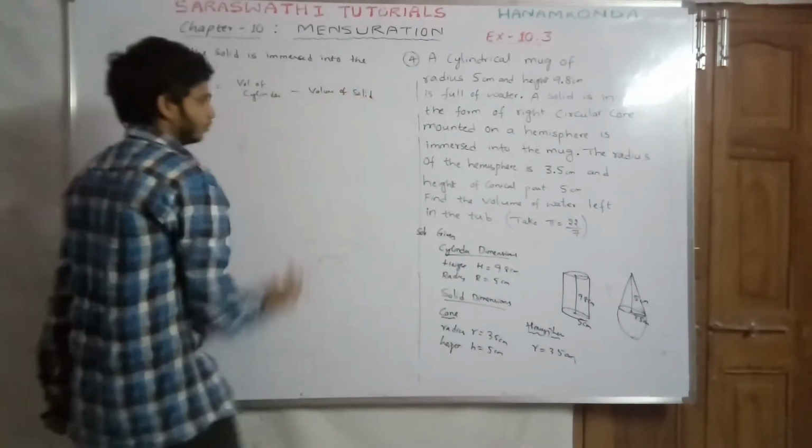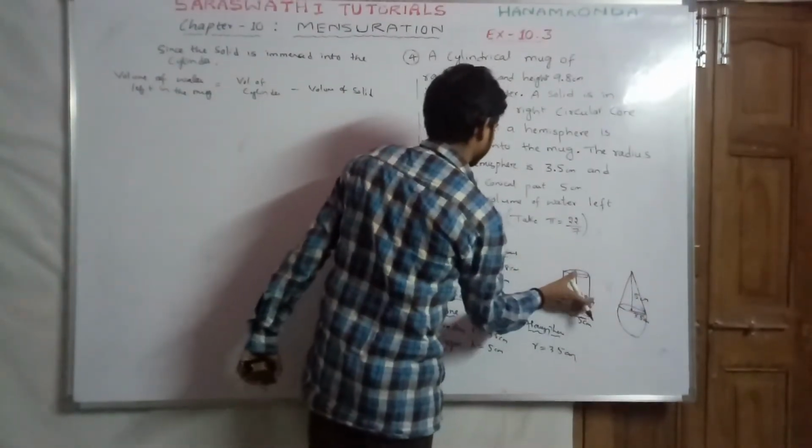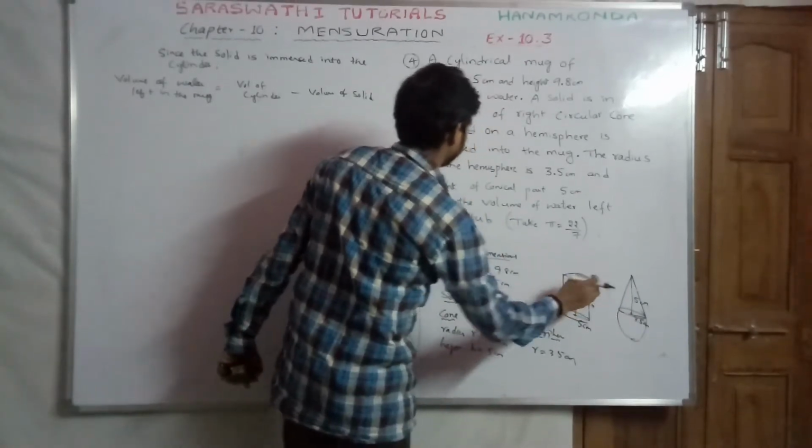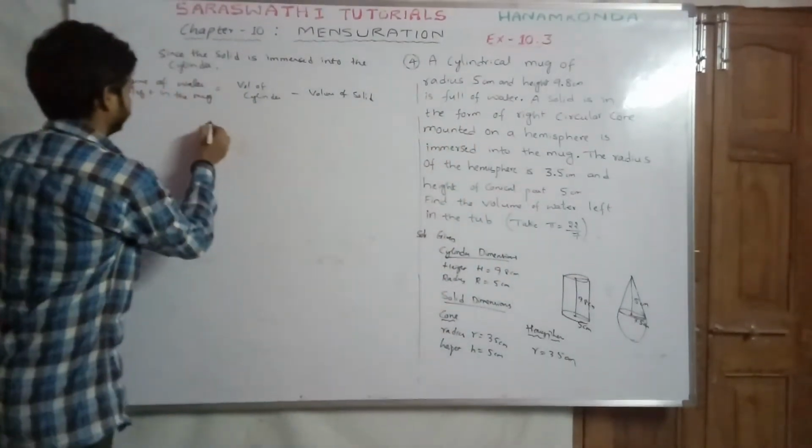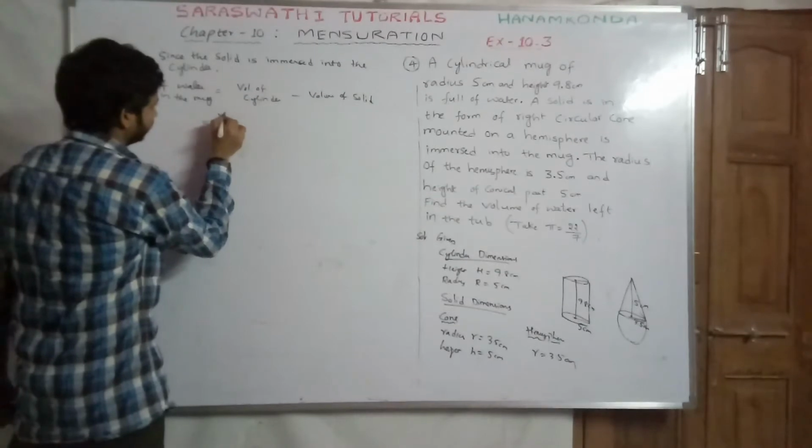We subtract the volume of the solid from the volume of the cylinder to obtain the volume of the remaining water.